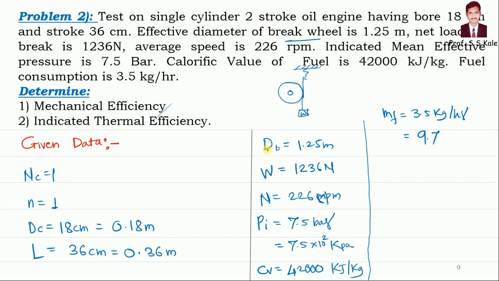If you divide by 3600, it will become 9.7 into 10 raised to minus 4 kg per second. That's the mass of fuel given to you.